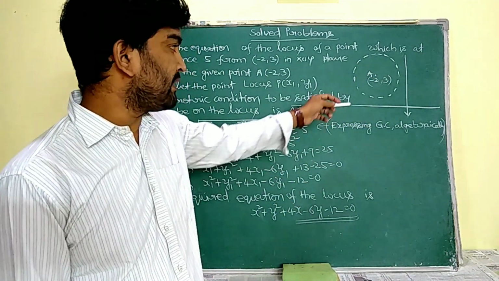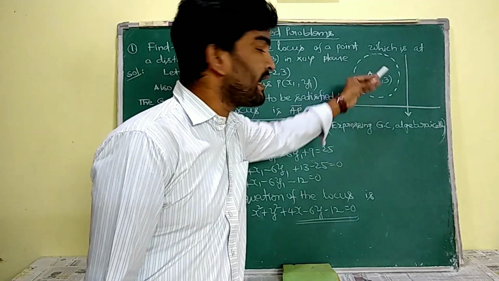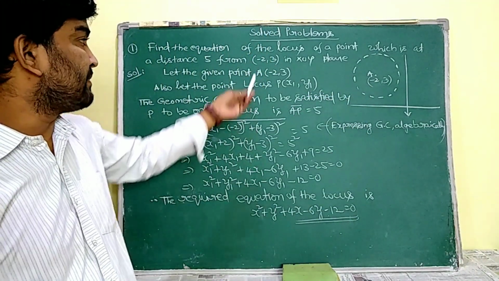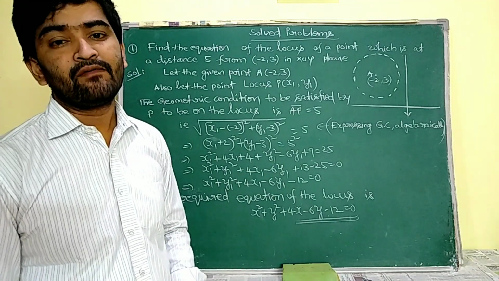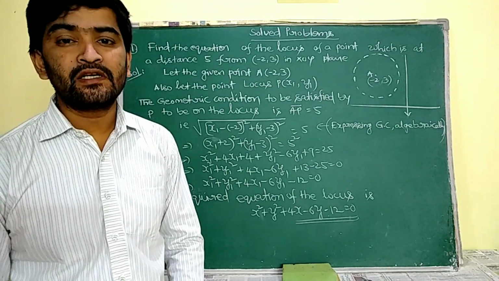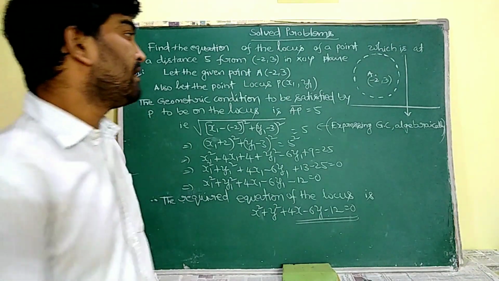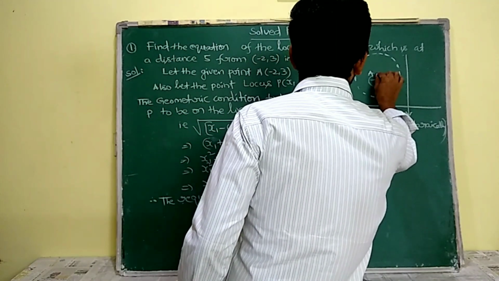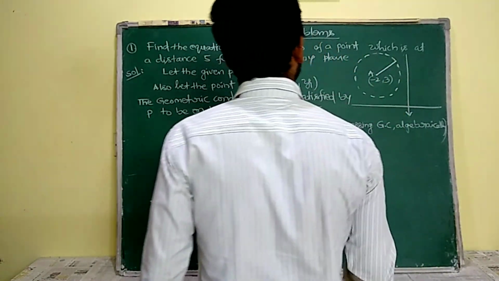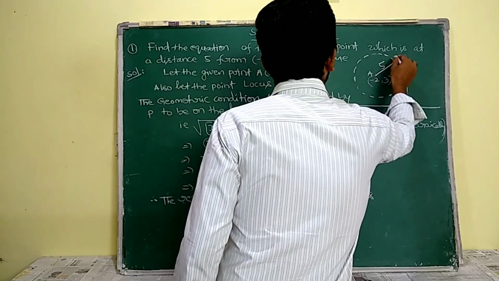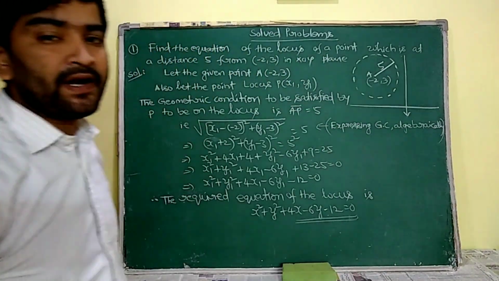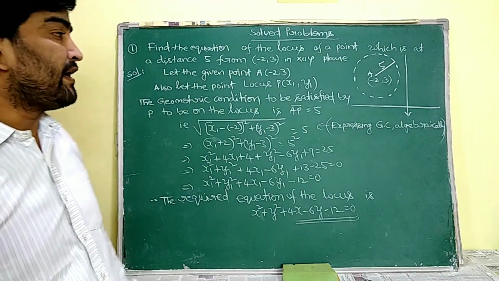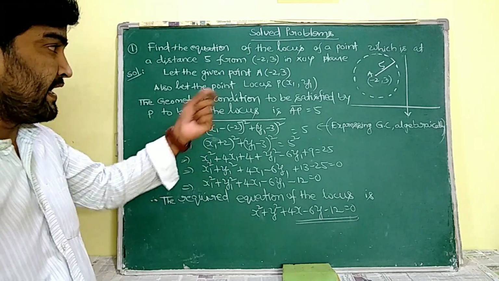In this XY plane the point A is given, that is (-2, 3). We have to find all the points which are 5 units away from the point A.